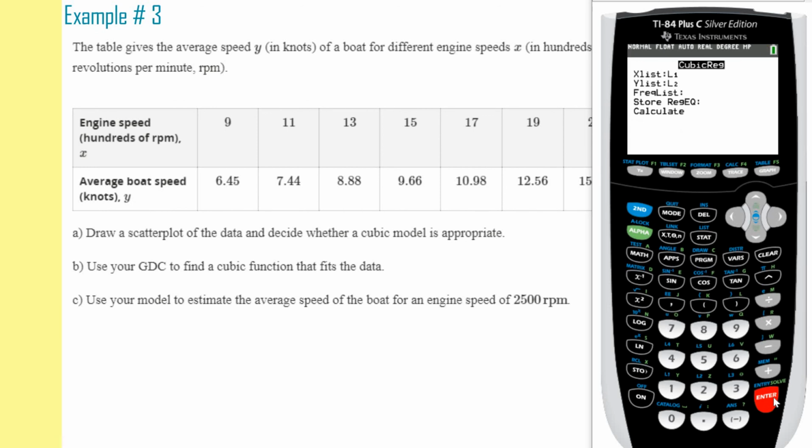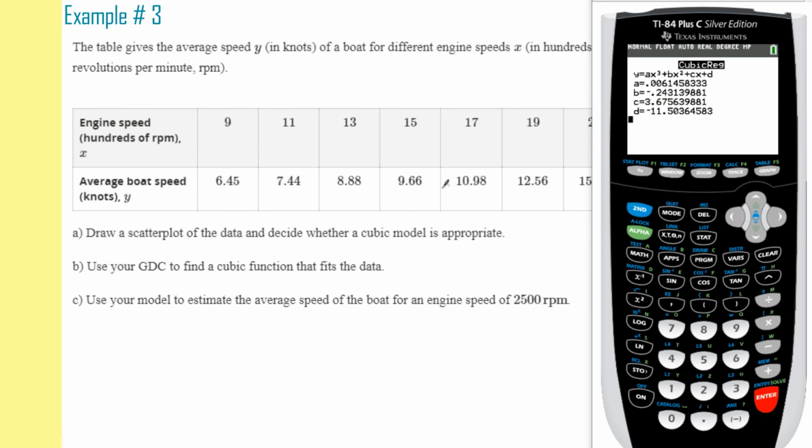Let's see if that's going to fit. List 1, list 2, looks good. So we calculated it, and now we have our A, B, C, and D, all of our coefficients for a cubic function.